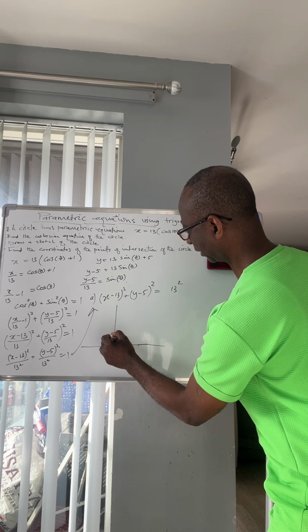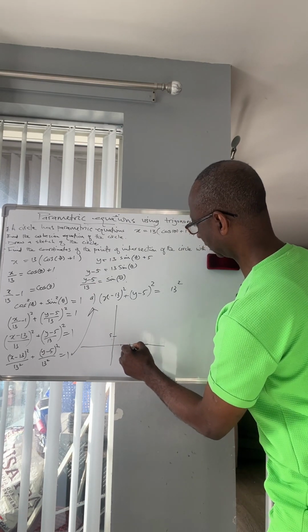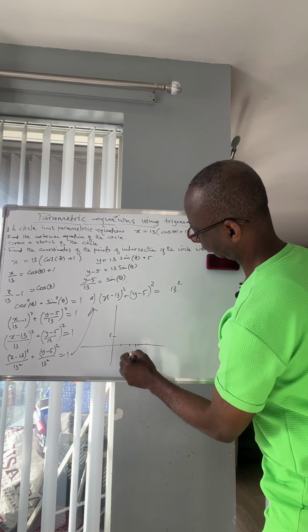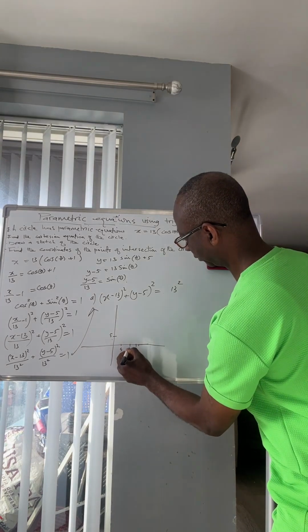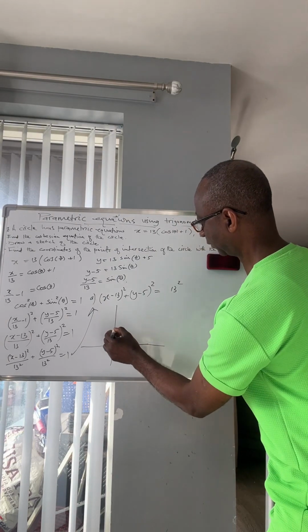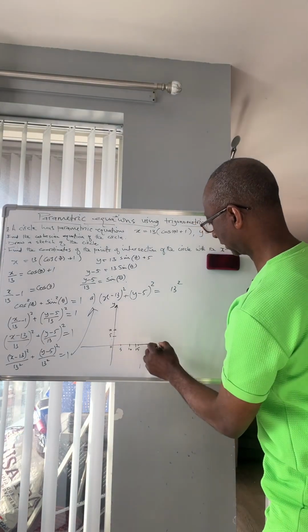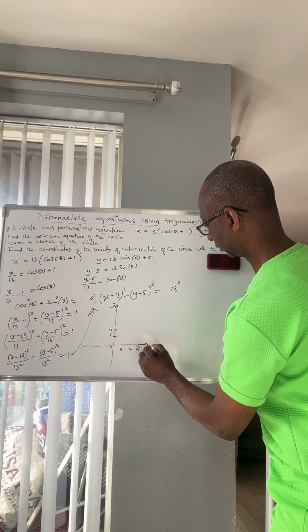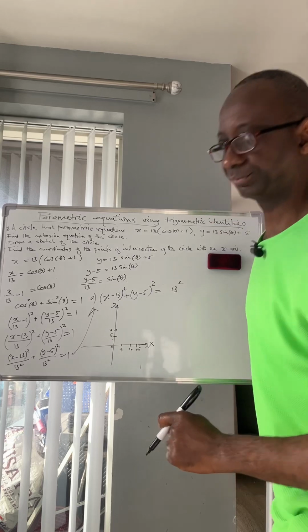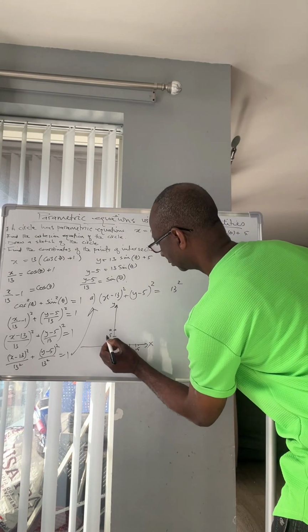Let's say this is 5, and here is 5, 10, 15. This is 0, 15, this is 5, 10, this is the y-axis, x-axis, it's 10.